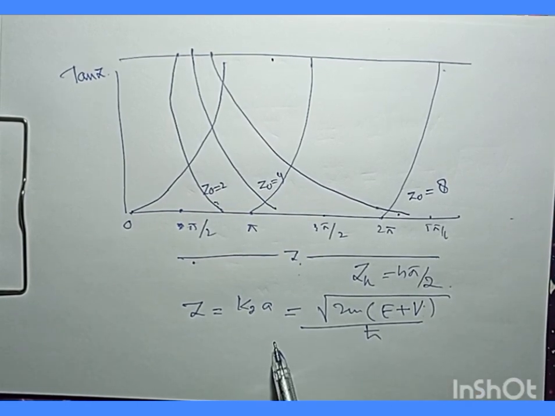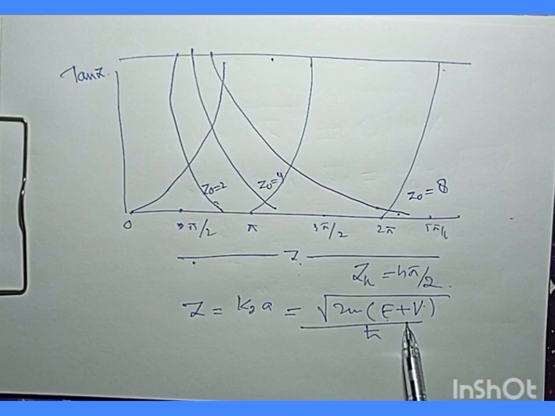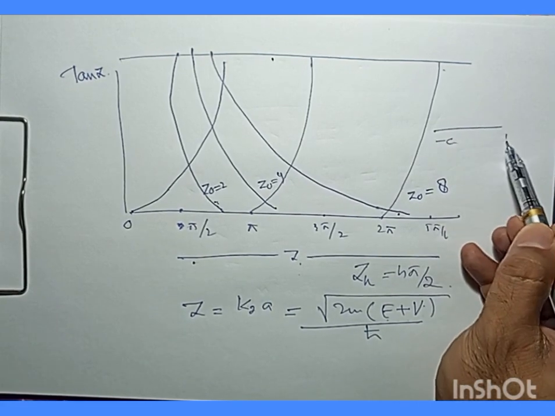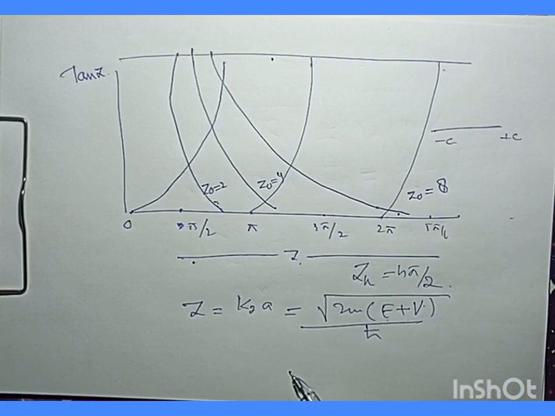Now we can see that E plus V naught is just the energy above the bottom of the well, whose width is from minus a to plus a. So its width is 2a, and the even solutions approach those of the infinite square well for the higher values.